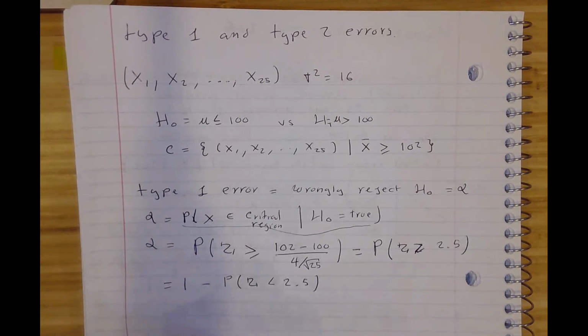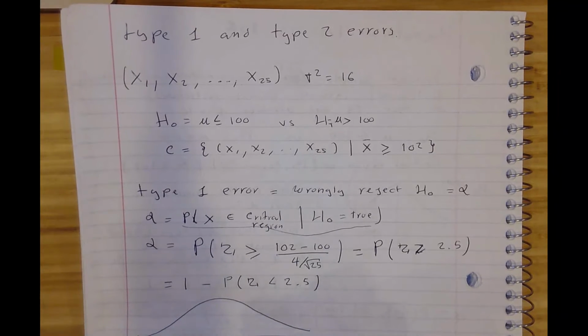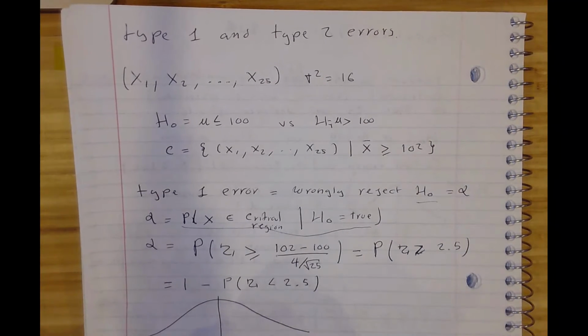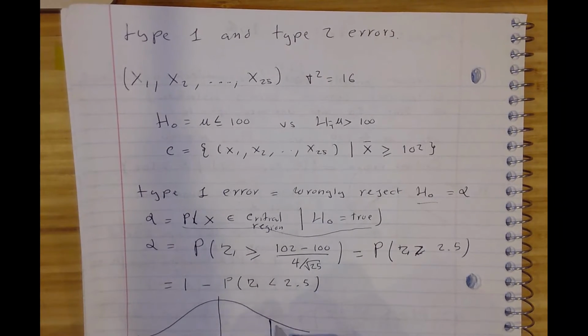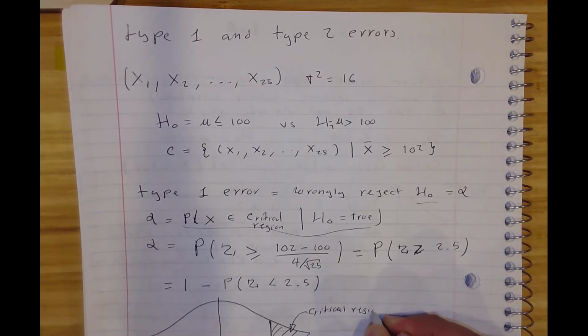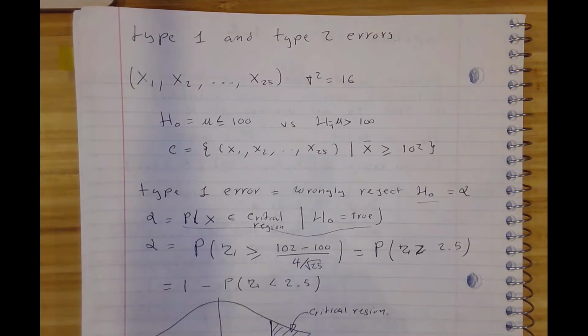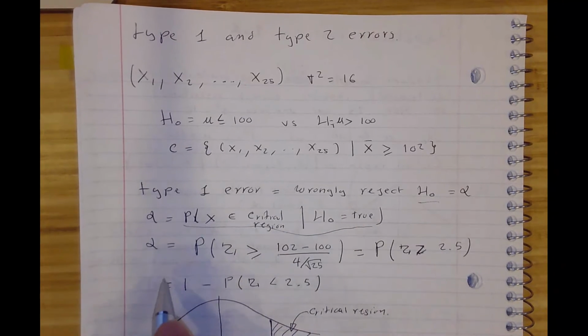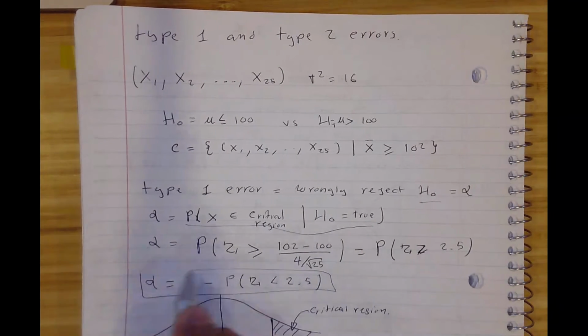So if we see the distribution, basically we have this, this is my mean. We are assuming that the null hypothesis is 100, right? And everything that is greater than 102 is in the critical region. So what is the probability that a random sample is inside of this critical region is this part, right?